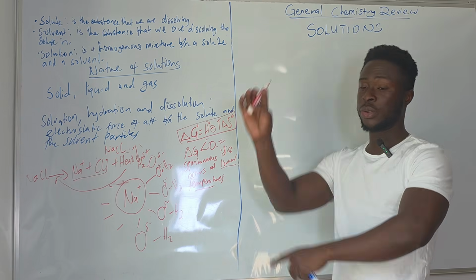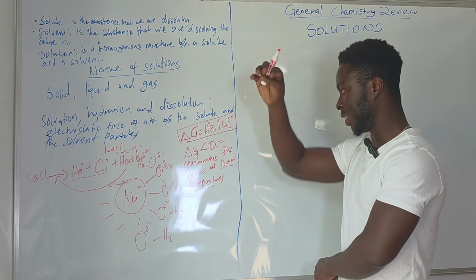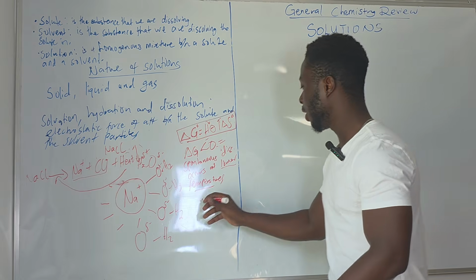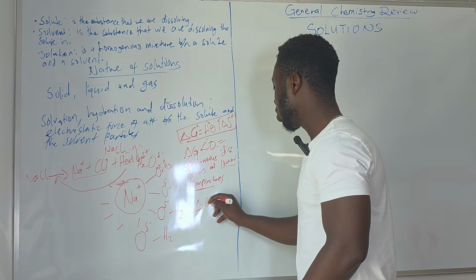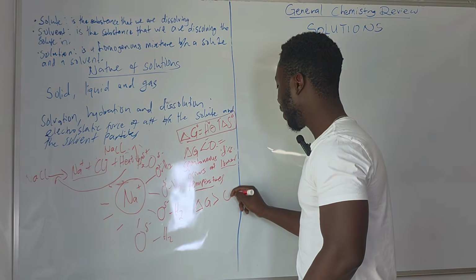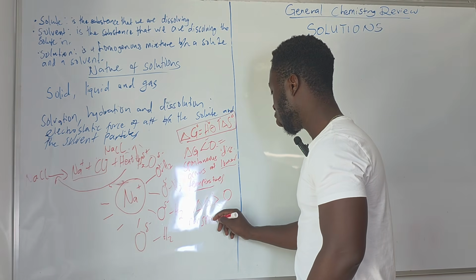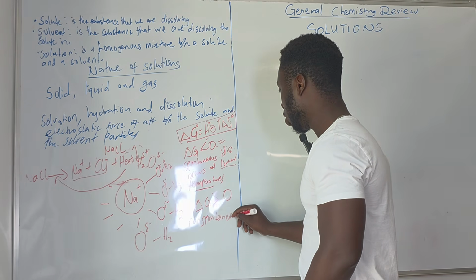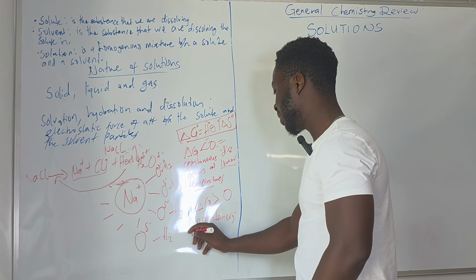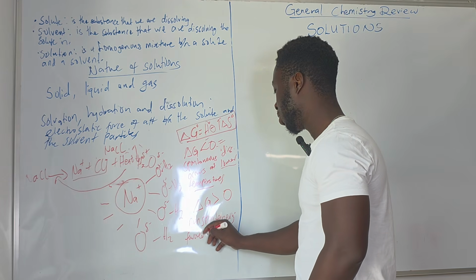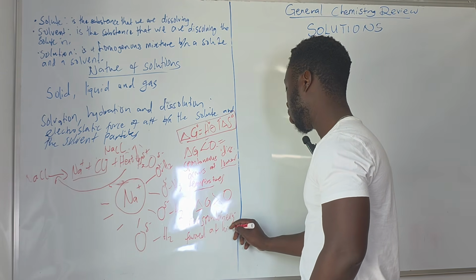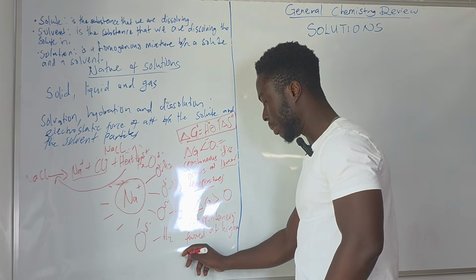The same thing goes for the reversibility of it. That means if the change in Gibbs free energy is bigger than 0, then it is non-spontaneous, and it's favored at higher temperature.